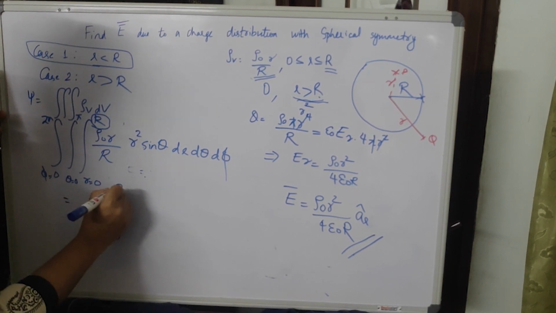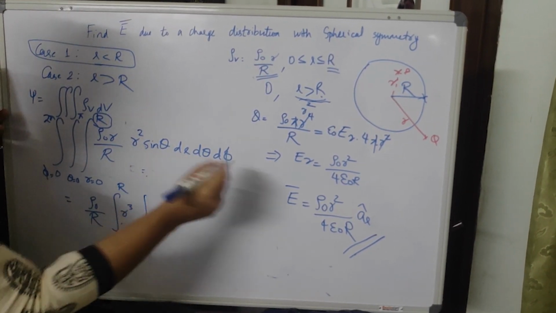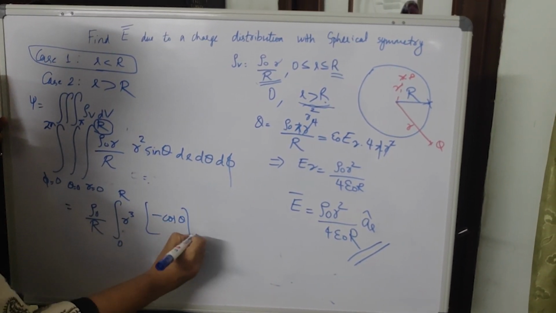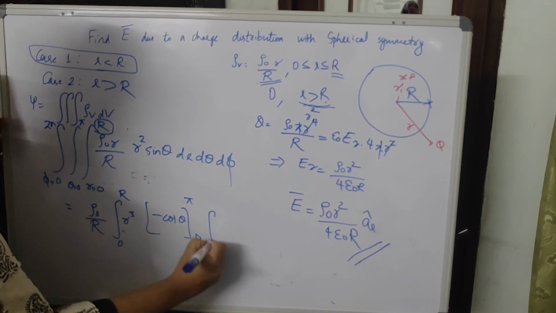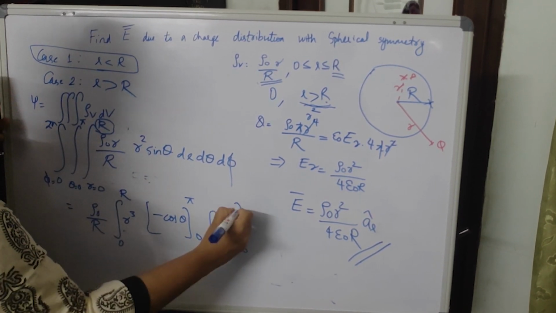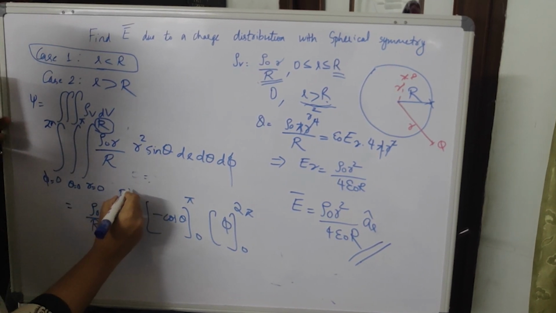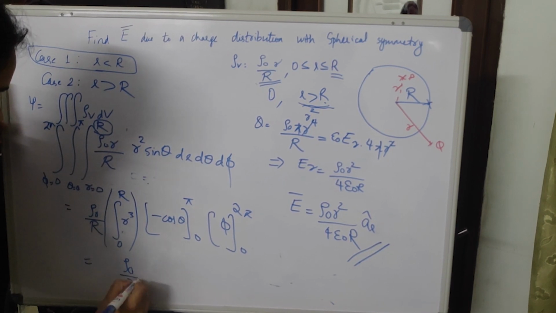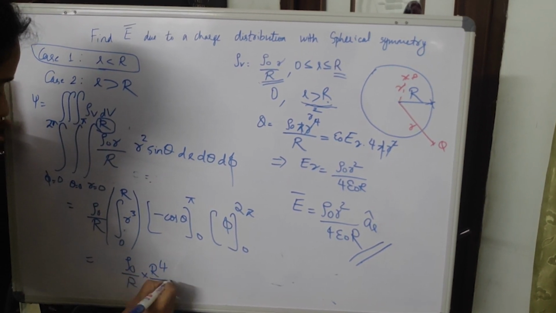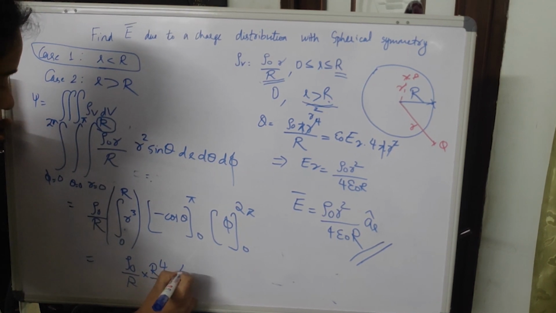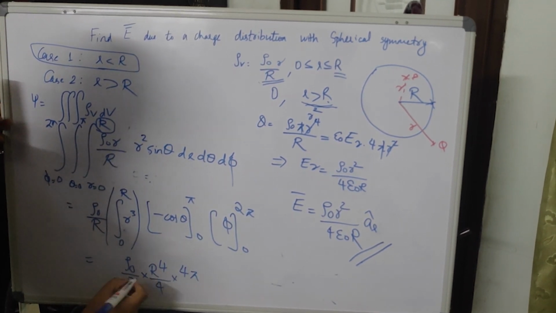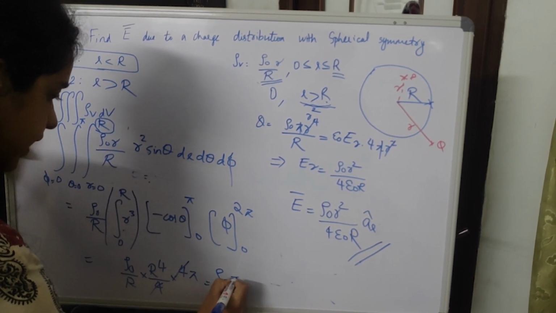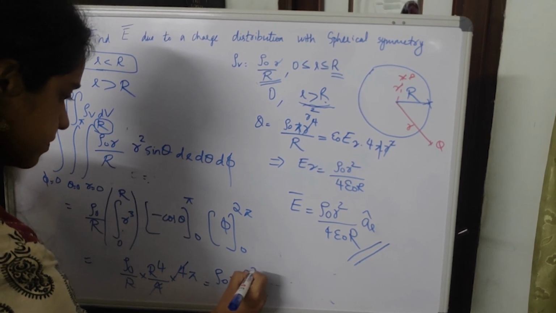Now the limit has varied, 0 to capital R. The rest is the same: as you might remember, the integral of sine theta is minus cos theta, with limits 0 to pi, and phi varying from 0 to 2 pi. So you will be getting rho naught by R into R raised to 4 by 4 into 4 pi, 2 into 2 pi, that is 4 pi. Again the 4 gets cancelled and you get rho naught pi R cube.